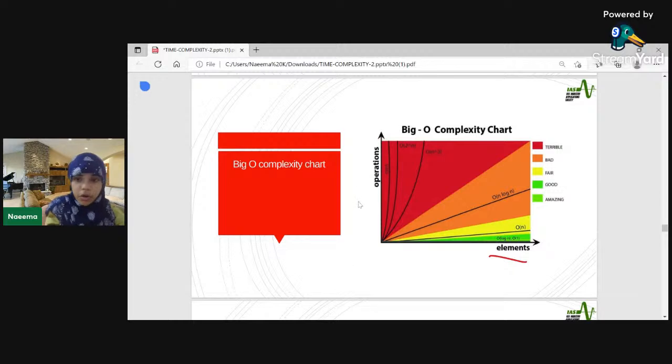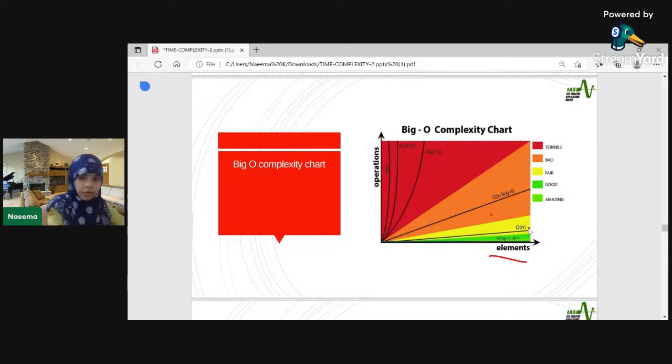Next, we have big O of log n, which is better than linear time. The increase in runtime as compared to the increase in size of input, the number of elements, is very little. So that's good.